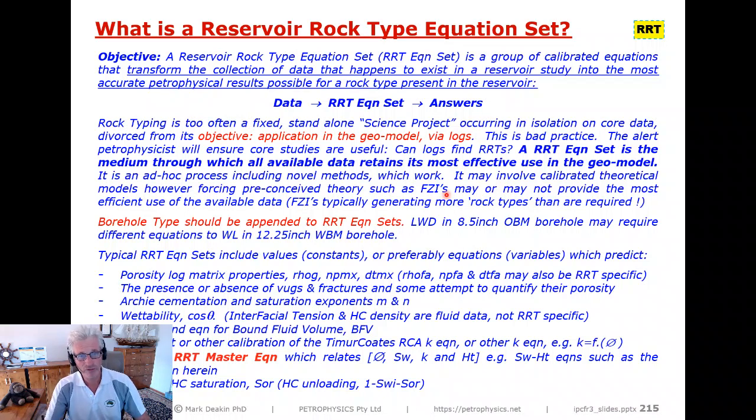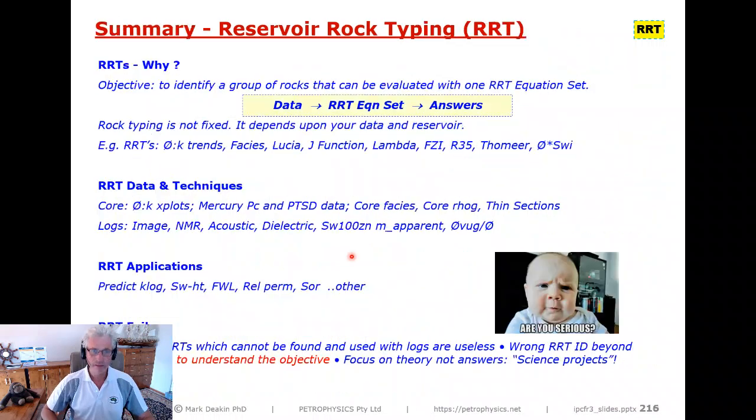It may or may not fit in with some preconceived notion about Kozeny-Carman or flow zone indexes or whatever else you might come up with in a mathematical textbook. It's not only about maths; it's about what you observe to work. Okay, let's go on to the next slide.